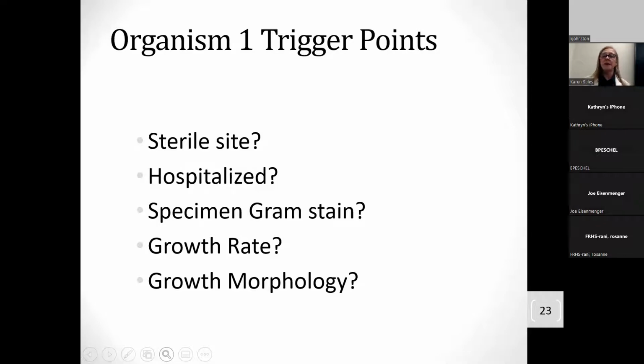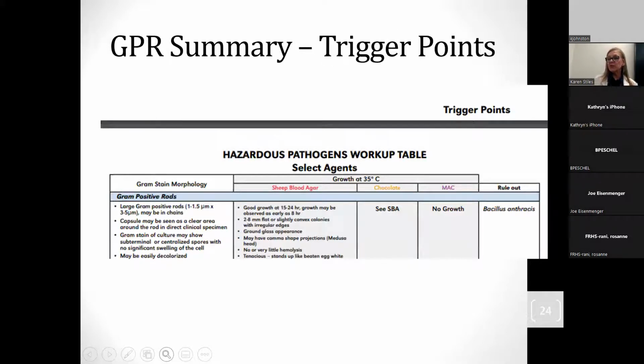So call them ahead of time, get more information, and see if that can help you in the rule out process. Growth rate: how long did it take? Was it a rapid grower? Was it a slow grower? And then colony morphology. It's all described in both of the bench tops in what they call their workup tables, and that's usually like a summary.